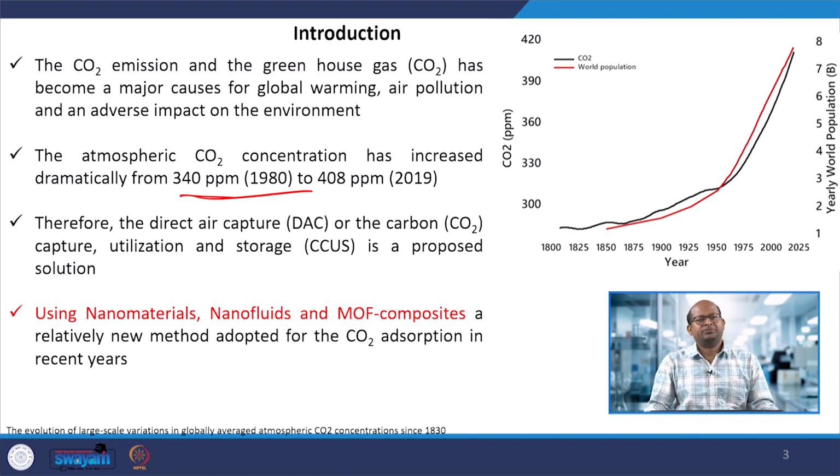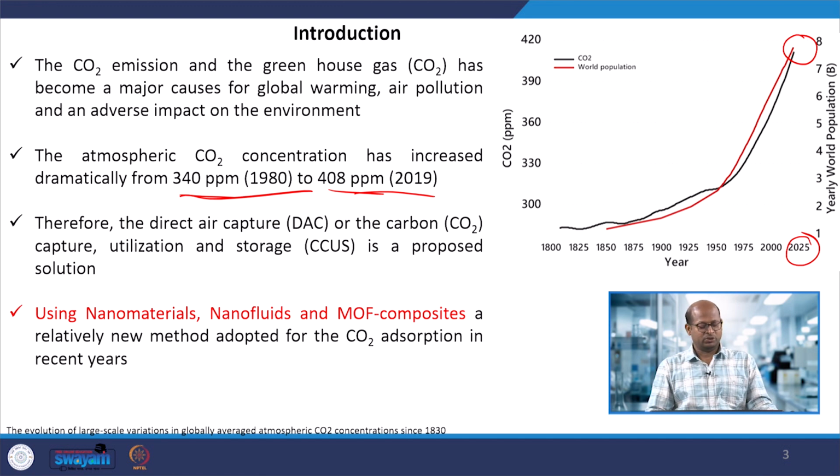Currently, if we look into that, in 1980 the amount of CO2 present in air was 340 ppm, and in 2019 it was 408. Up to 2025, you can see the amount of CO2 is close to the 420 ppm level. So that has gradually increased day by day.